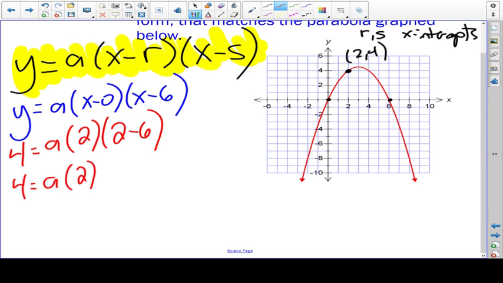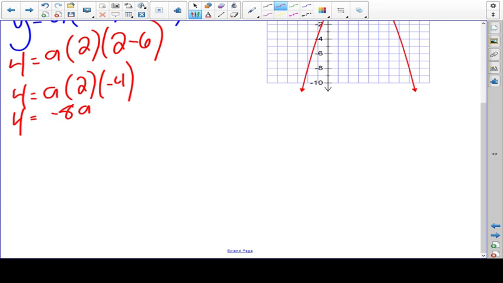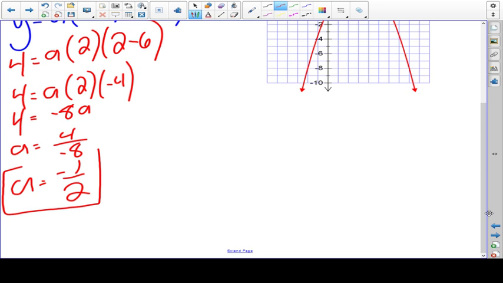And that's 2 times negative 4, which is like saying negative 8a equals 4. If I'm solving for a, I'm going to divide 4 by negative 8, which tells me that a is negative 1/2.